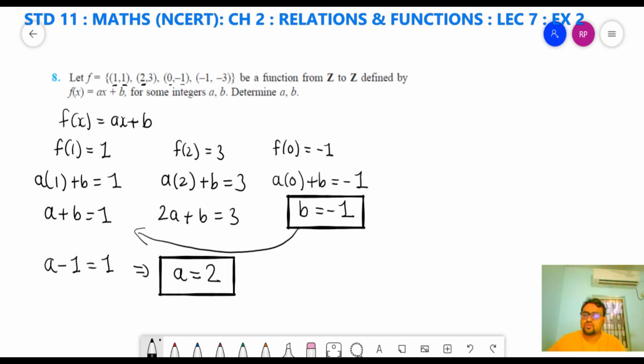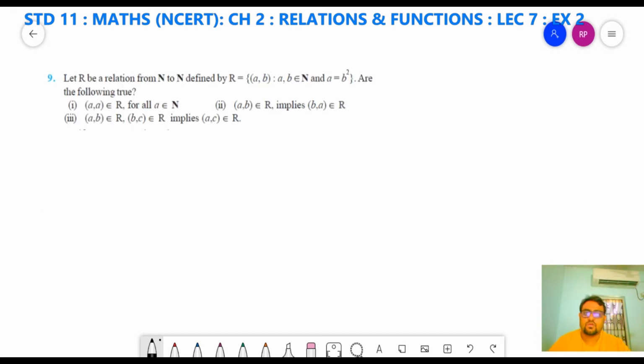Now let's move to the next, that is question number 9. Let R be a relation from N to N defined by R equal to {(a, b) such that a, b belong to N and a is equal to b square}.